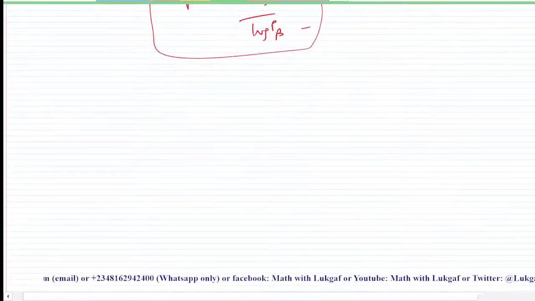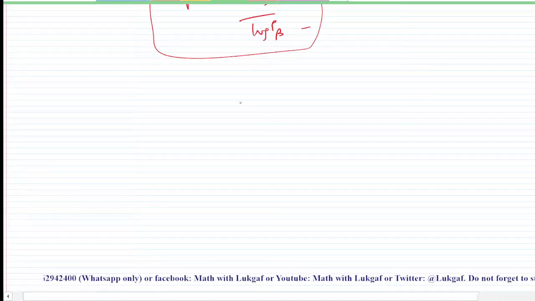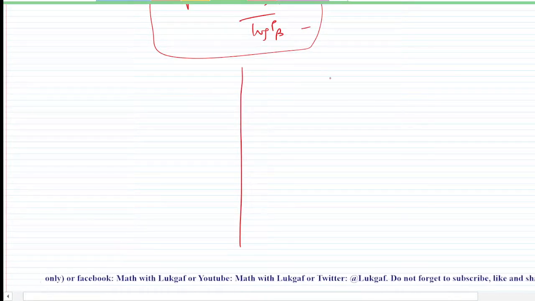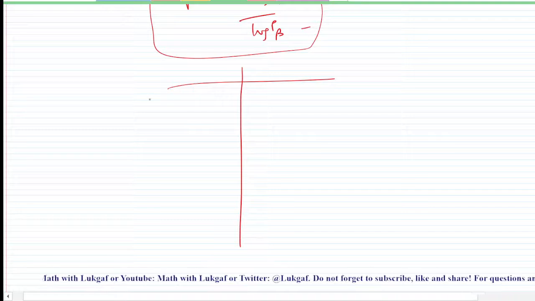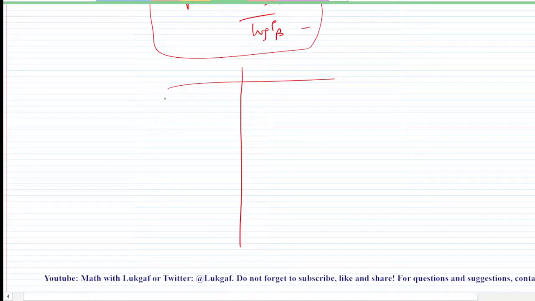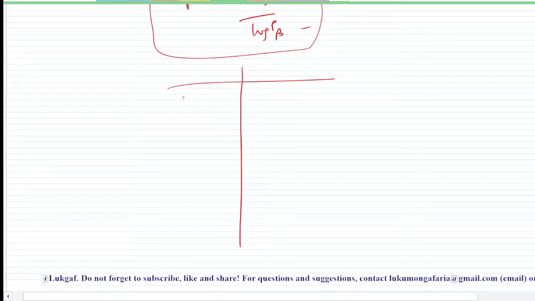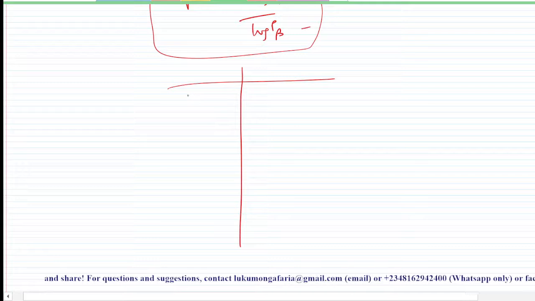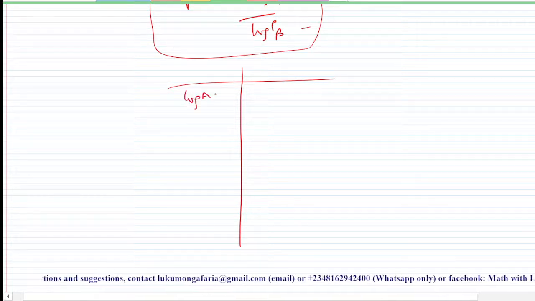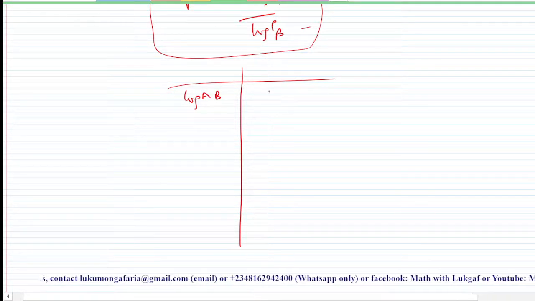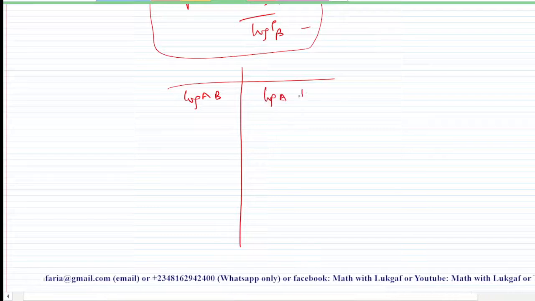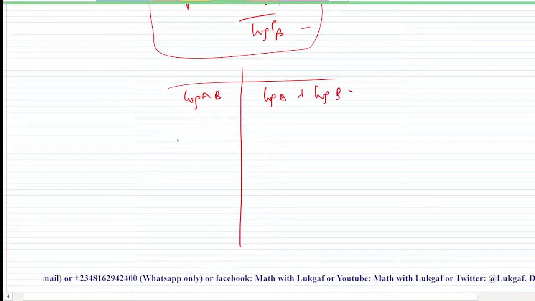Okay, now to summarize the laws of logarithm. The first one is the multiplication law. Let's assume I'm working in common logarithm, so I don't need to write the base. When you have log ab, with what I've derived, it's the same thing as log a plus log b.